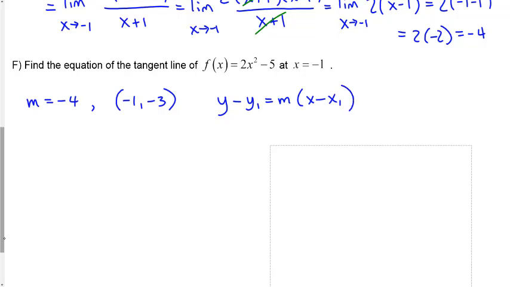So y minus the y coordinate of your point equals m times x minus the x coordinate of your point.